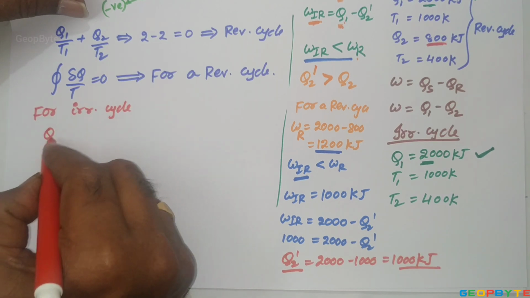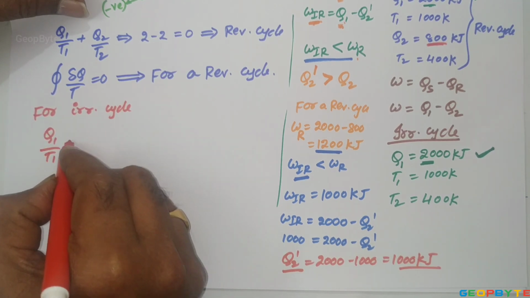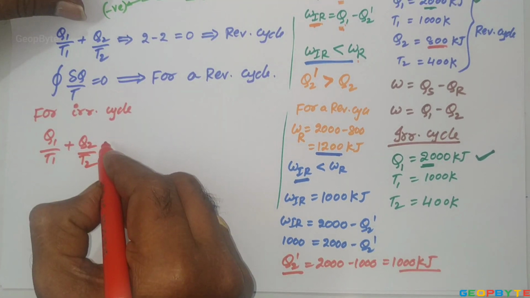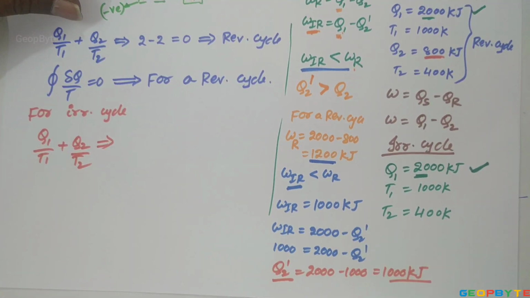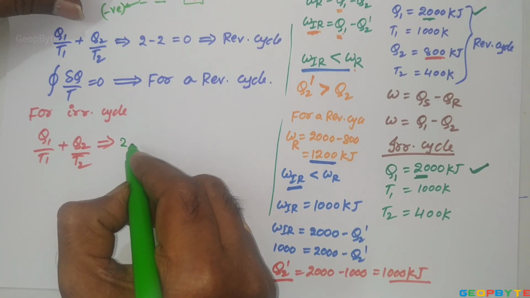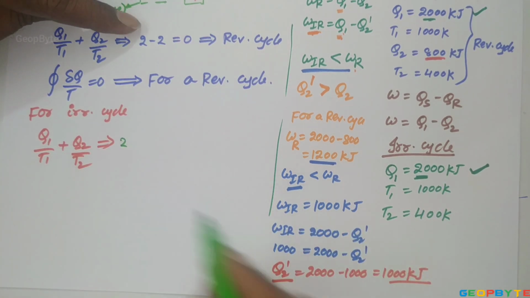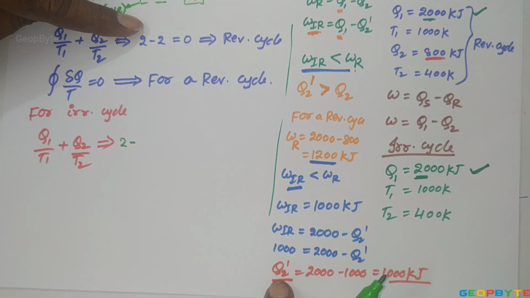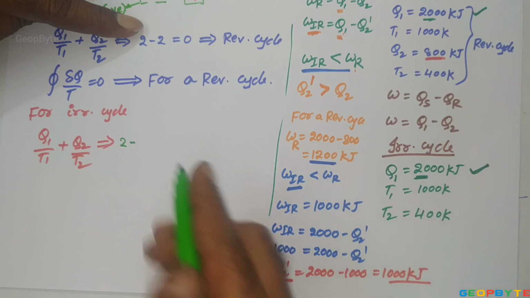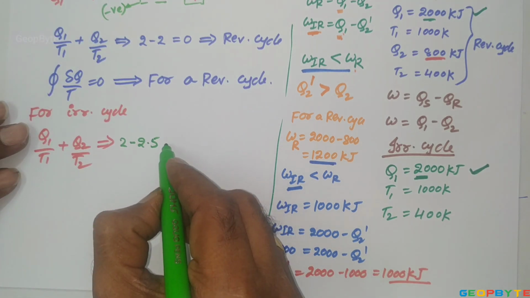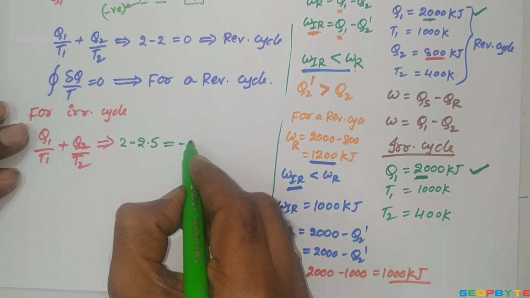Now for the irreversible cycle, Q1 by T1 plus Q2 by T2. Q1 by T1 for the irreversible cycle is 2000 by 1000, which is 2 only, plus, heat rejection being negative, minus Q2 dash by T2. Q2 dash is 1000 divided by 400, which is 2.5. 2 minus 2.5 is equal to minus 0.5.